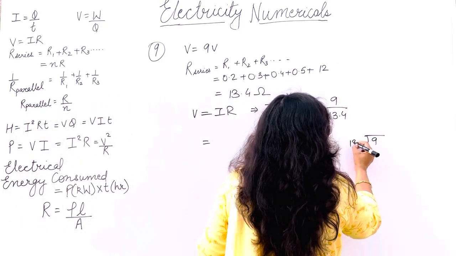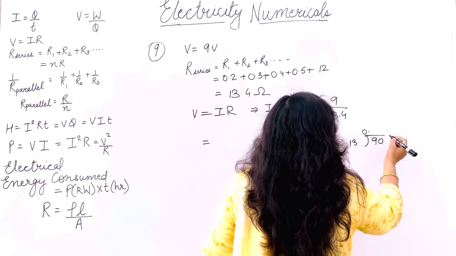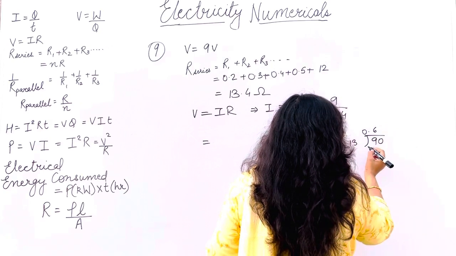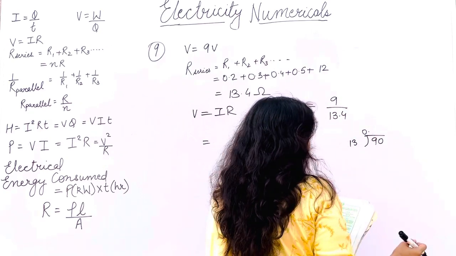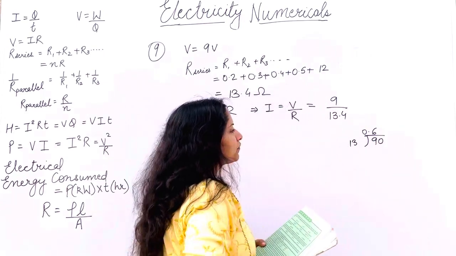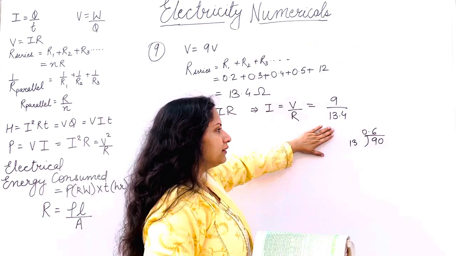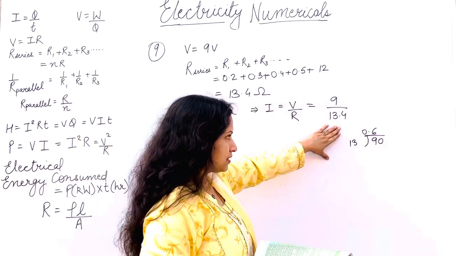So 9 has to be divided by 13. We get a 0 here. If we divide 9 by 13, the answer comes out to be 0.6.